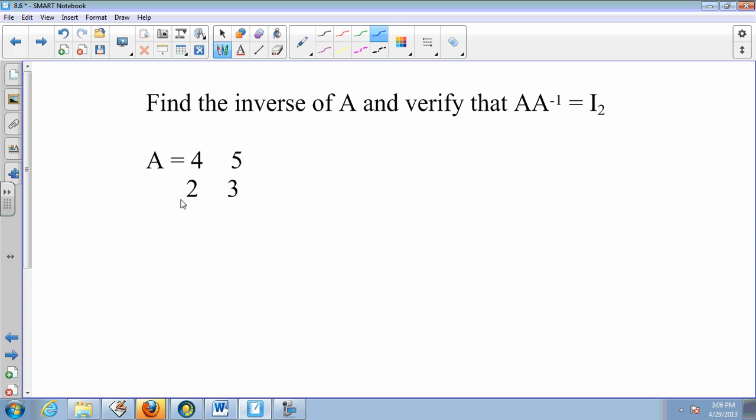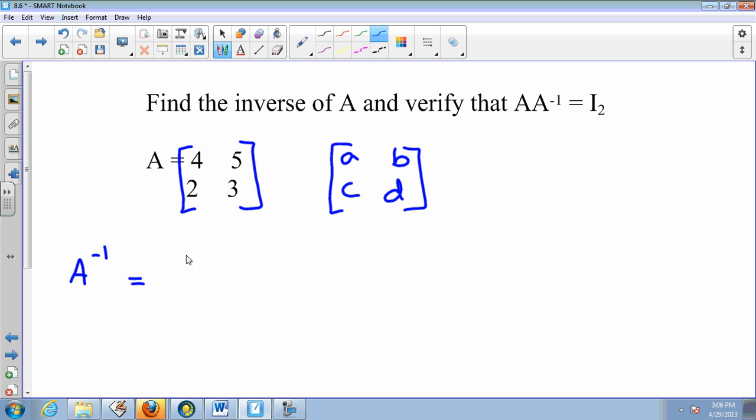So we're going to find the inverse of A and verify that A times the inverse is equal to the identity of size 2. So we have matrix A, 4, 5, 2, 3. Compared to a, b, c, d, you see that a is 4, b is 5, c is 2, d is 3. We now need to find the inverse matrix. So we take 1 over ad minus bc. This is the formula: d, negative b, negative c, a.